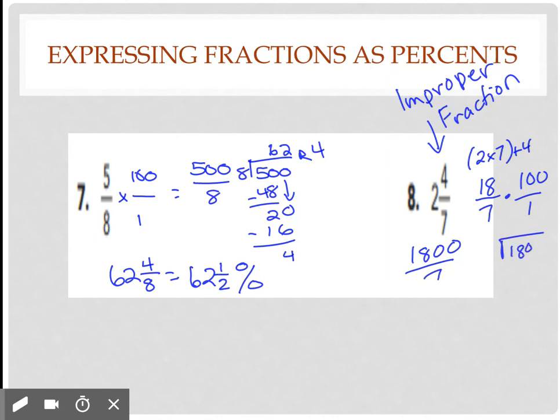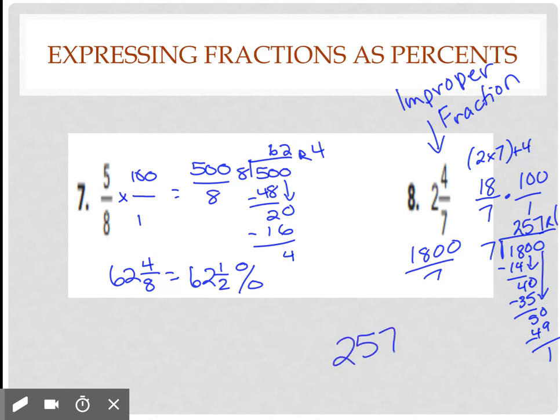So we need to, of course, do that long division again. 7 goes into 18 twice. Subtract, bring down. So I get 257 remainder 1, which would be 257 and 1/7%.